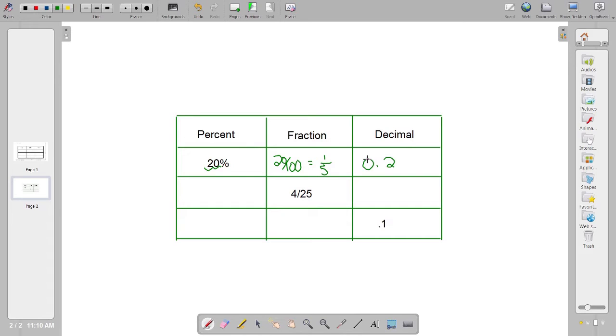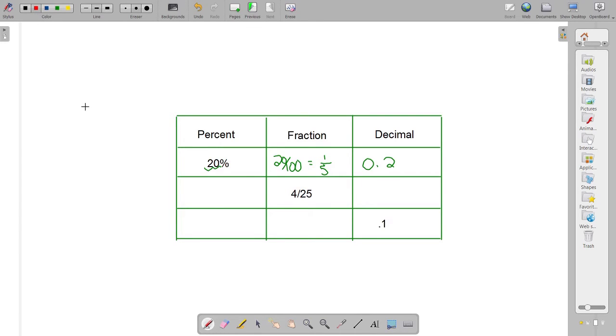And sometimes it's easier, if I was given a decimal, to go back to a percent or a fraction. So let's try the next one, 4/25. Since that's a 25, I can convert that to 100 and then adjust my numerator to match what I did to the denominator. So let's do that over here, in red.